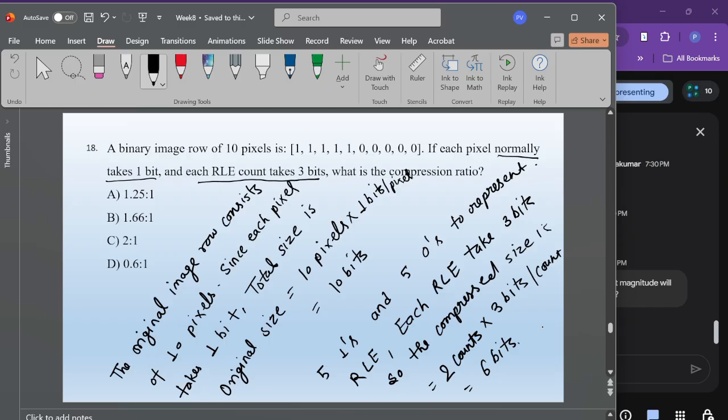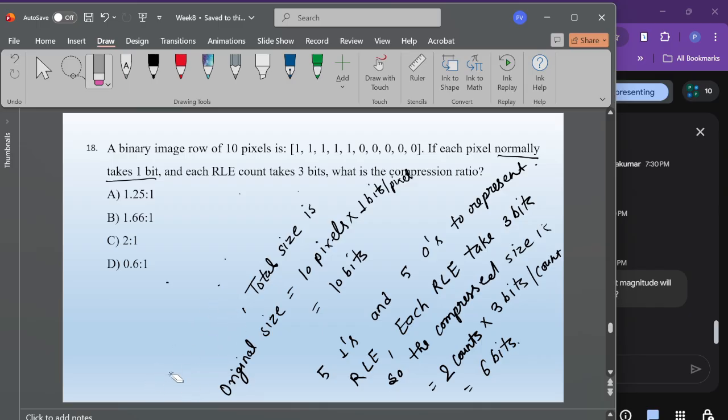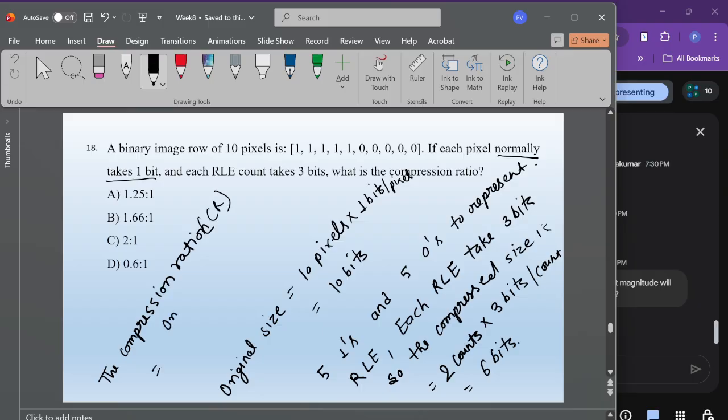Now the compression ratio is calculated as original size divided by compressed size, right?